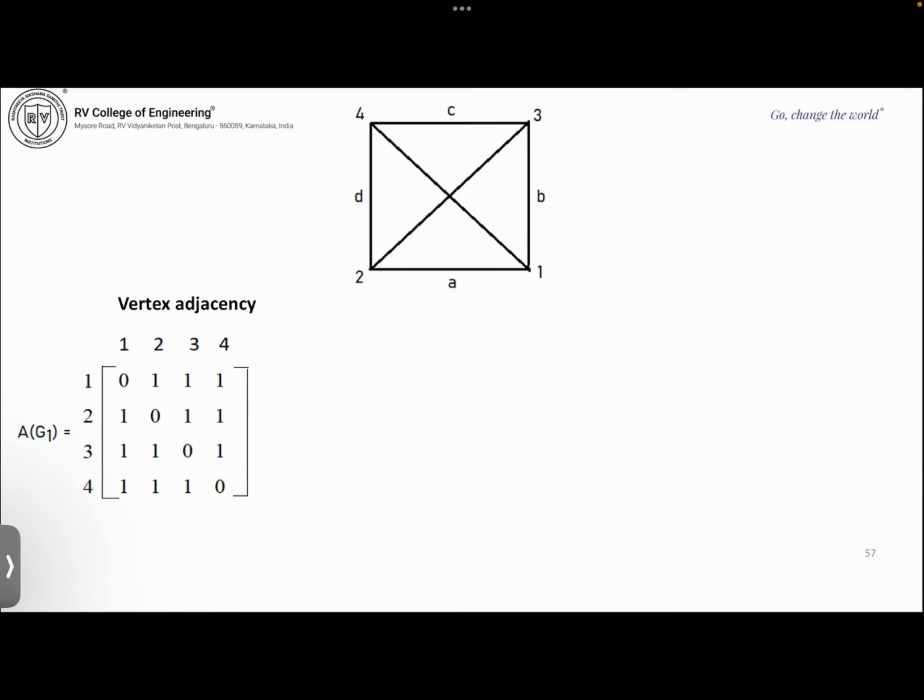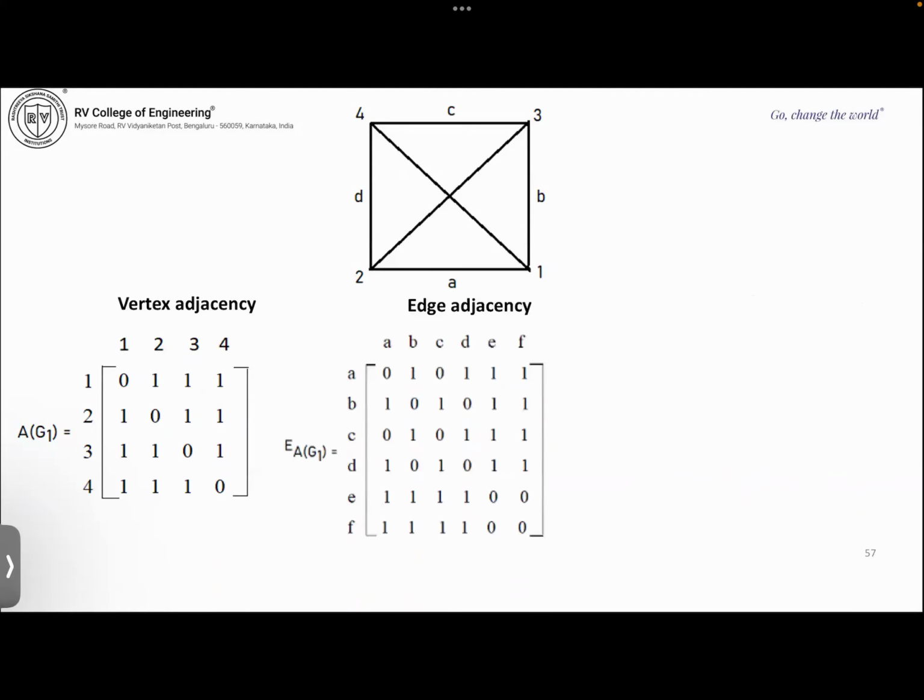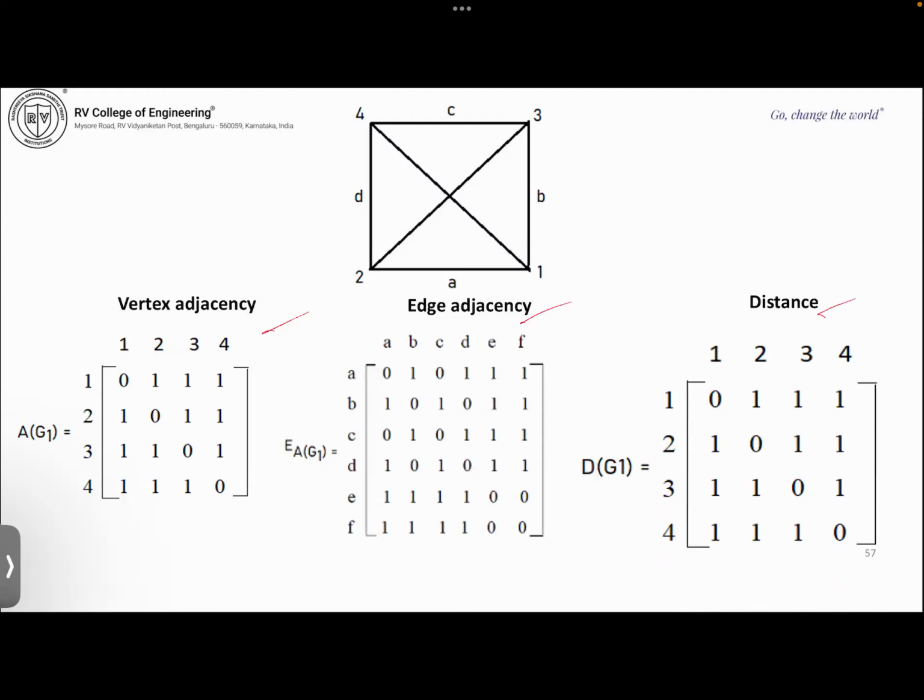Okay, this is a closed graph, dense graph. You can see that the order of the matrices, vertex adjacency, edge adjacency and the distance matrix, are completely different. So this is 4 cross 4 and this is 1, 2, 3, 4, 5, 6. 1, 2, 3, 4. I think this is E and this is F, I think.